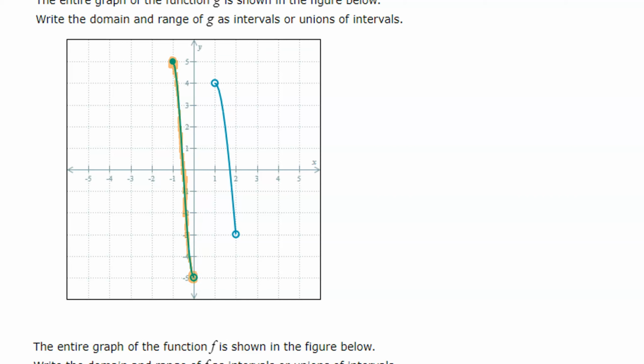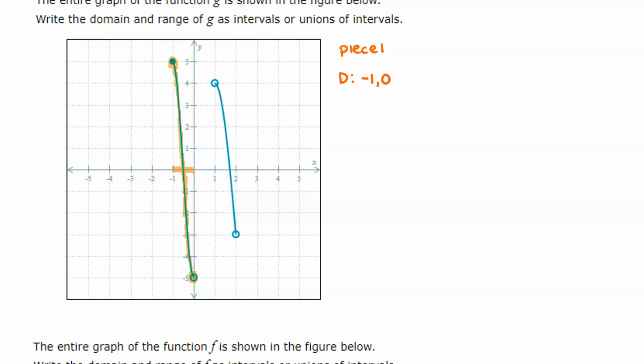So the x's that I use start at -1 and go to 0. So for piece number 1, the domain for that piece would be starting at -1 and going up to 0.